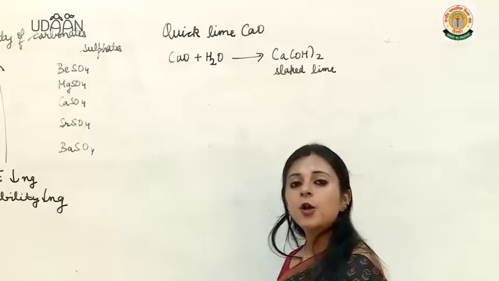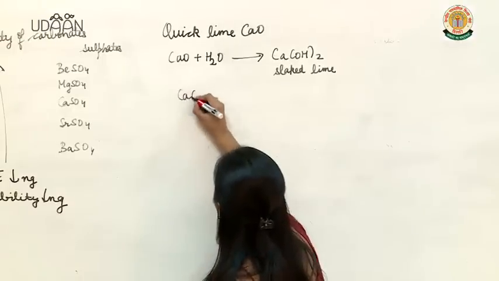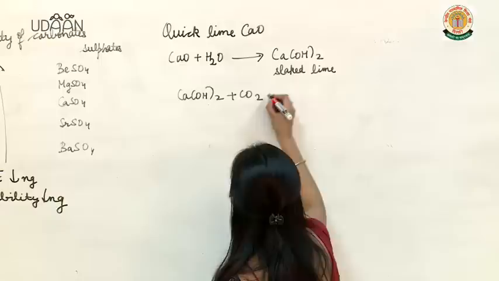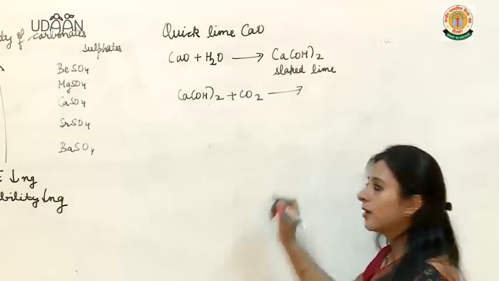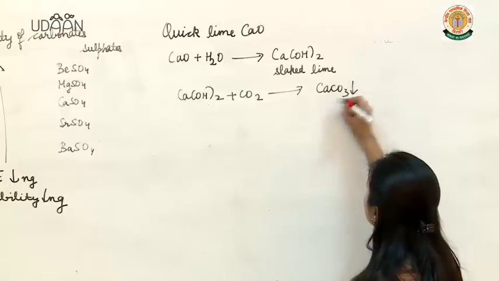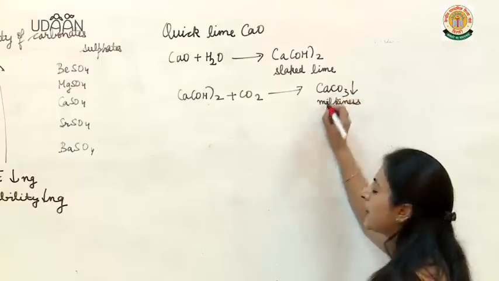And what happens when you pass carbon dioxide through it? You get CaCO3, which we say that milkiness has appeared.